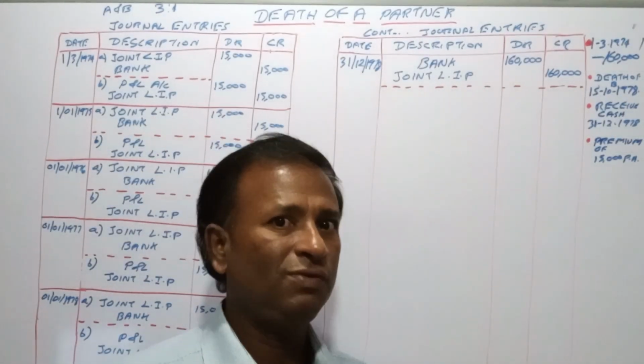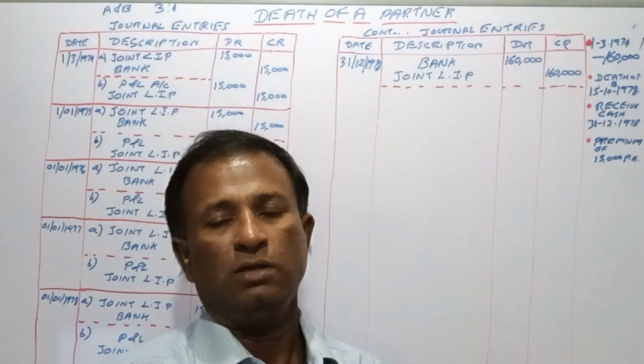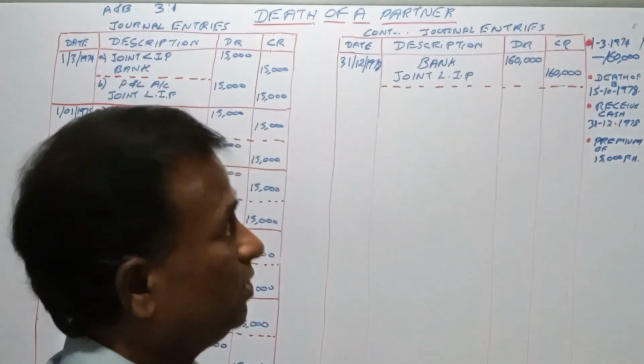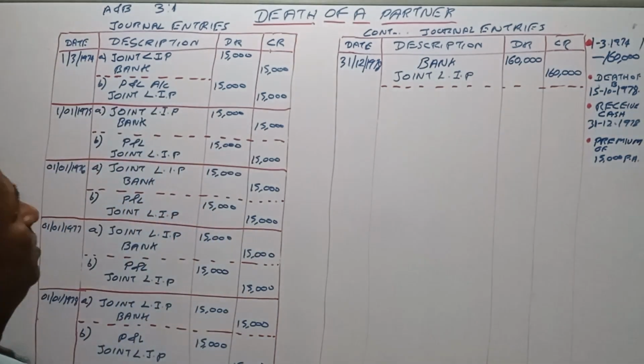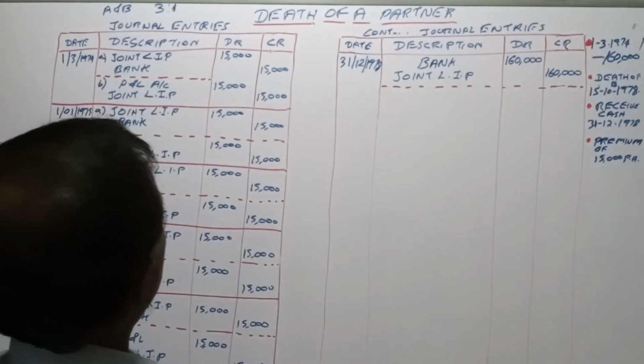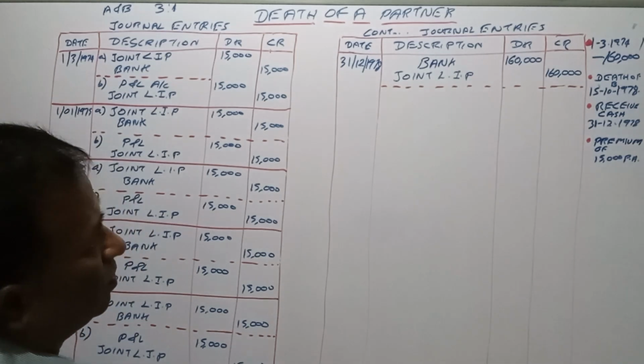Now we have to disperse it among the partners, right? One is dead. Even though he is dead, we had to pay his portion, right? The portion is the profit share.